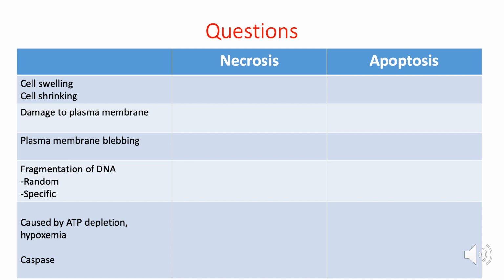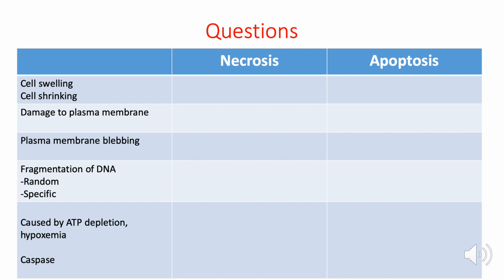In terms of the fragmentation of the DNA, which among them is characterized by random DNA fragmentation? That's necrosis. Specific DNA fragmentation? Yes, that's apoptosis. Which among them can be caused by lack of energy or ATP and lack of oxygen or hypoxemia? Yeah, that's necrosis.